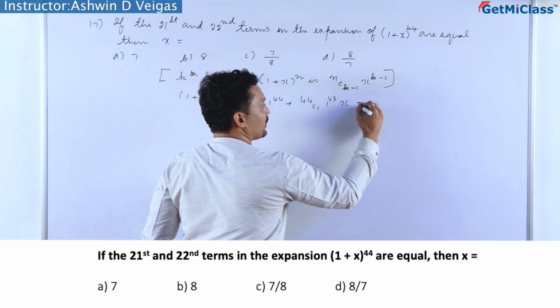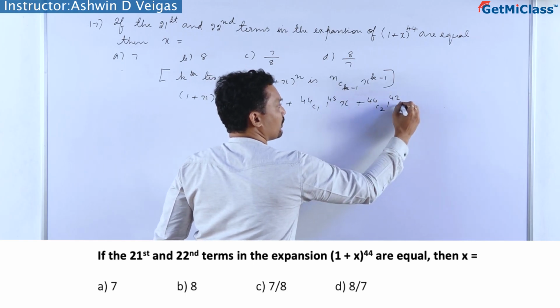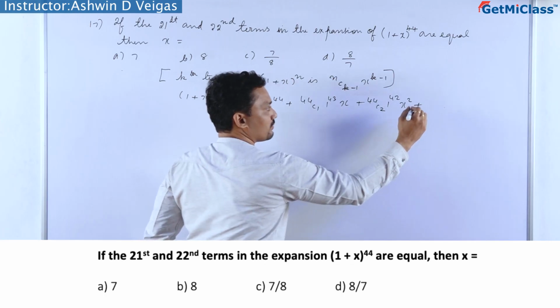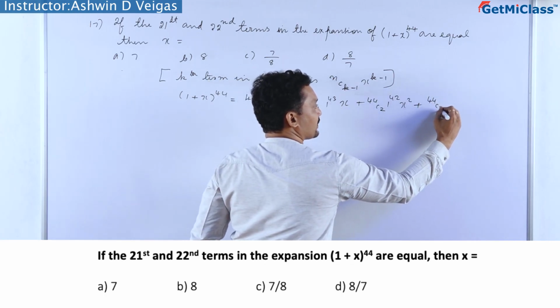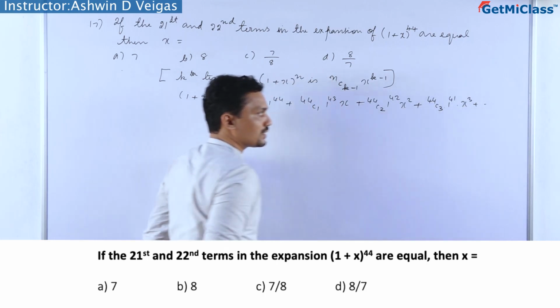The next term will be 44C2 1^42, x will become x squared. The next term will be 44C3 1^41 x cubed, and the expansion goes like this.